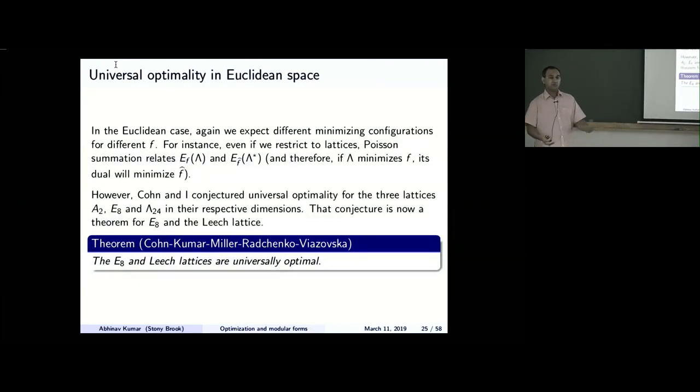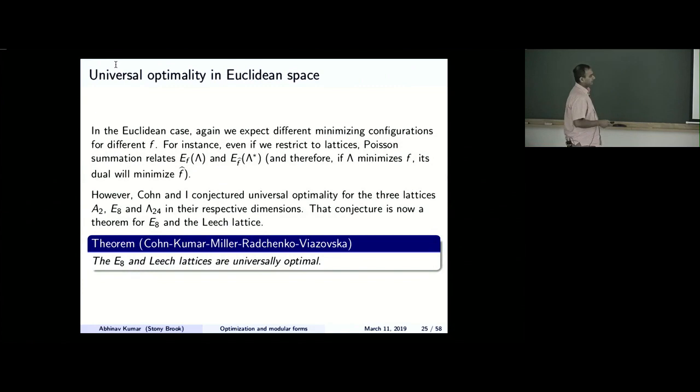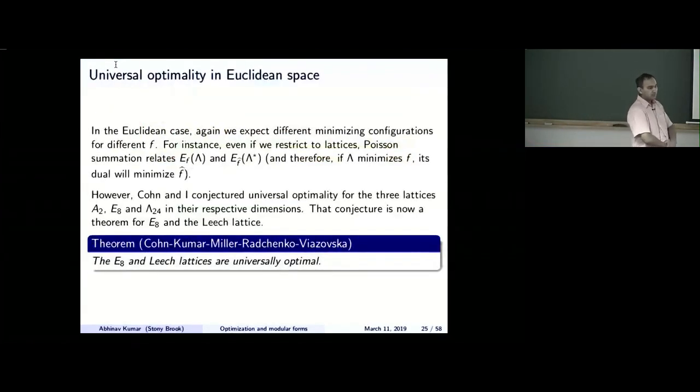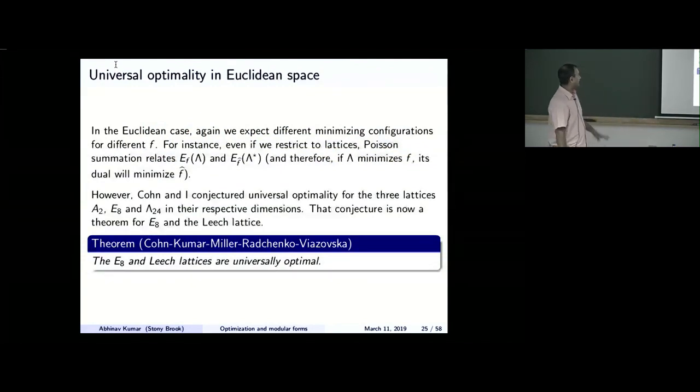We computed potential energies with respect to periodic configurations, with respect to lattices, and so on, and it just looked like these things were really optimal. And universal optimality is something very special to these dimensions, you think? I mean, we have not guessed any analogs anywhere else. We can't think of any other examples in other dimensions where they are universally optimal.